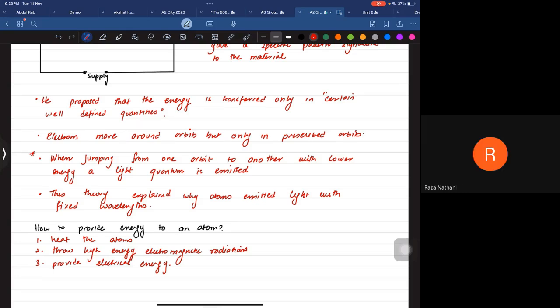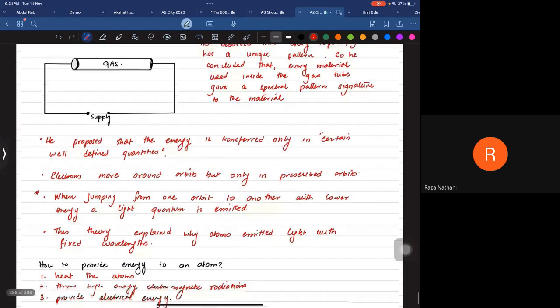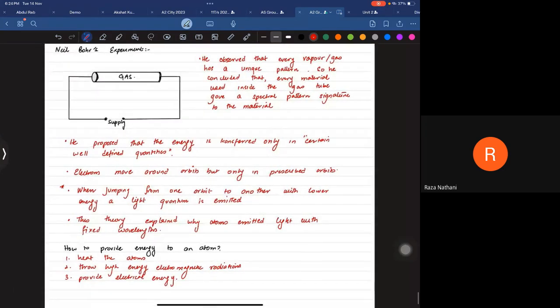Sir, can you scroll up for 1 second? I missed something from the last line, from the first paragraph. Yes, yes. Is it okay? Yes, thank you, sir.